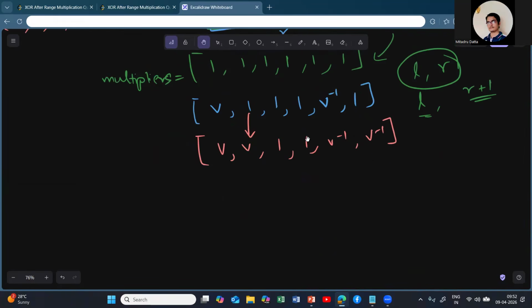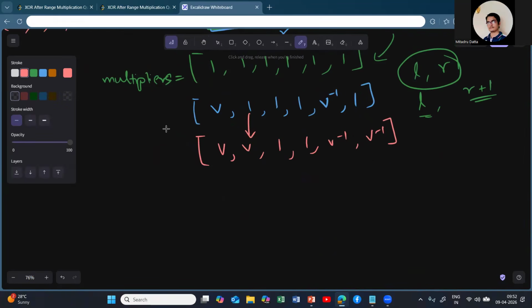Am I getting some array like this? Try to find the prefix array of this. What will it be? I hope if you are clever enough, you have already understood what I mean. You are finding the prefix array of this, right?